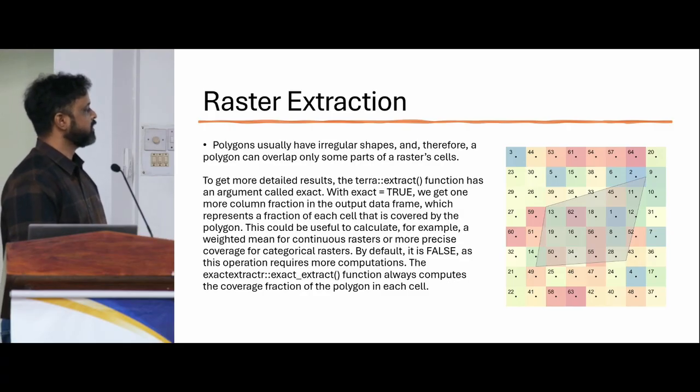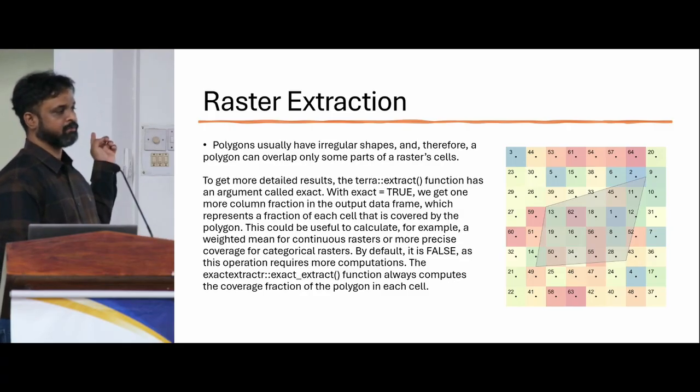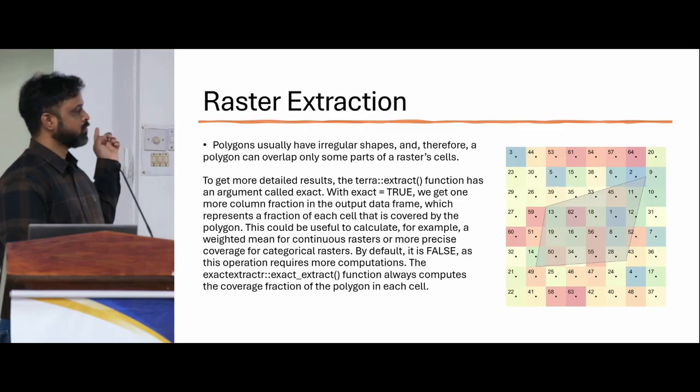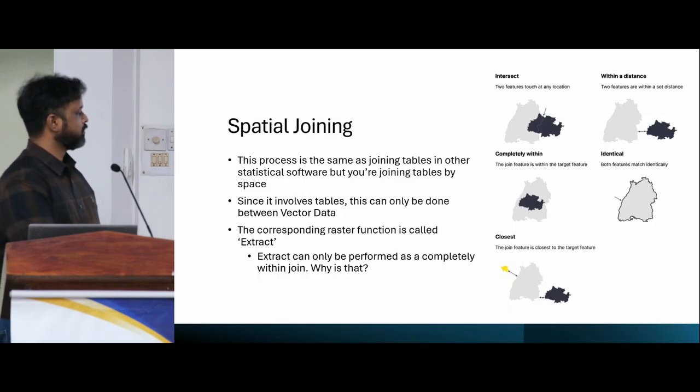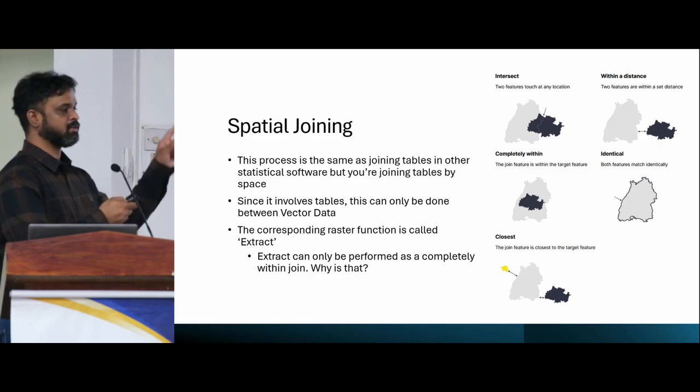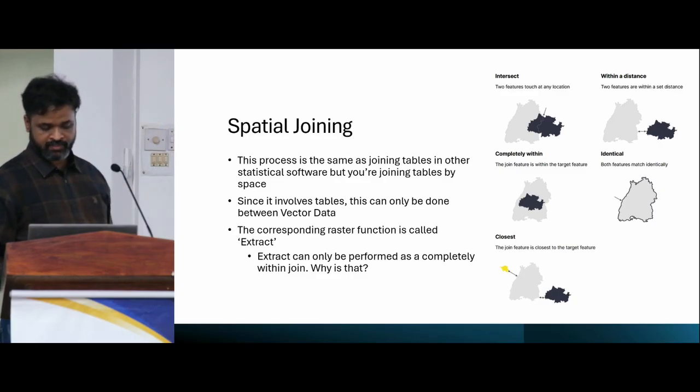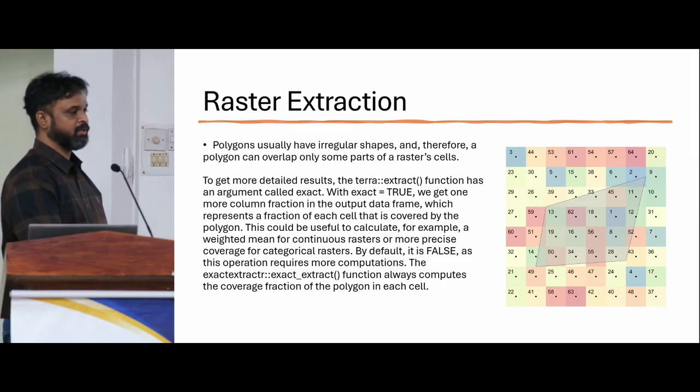So if I had points and I wanted to find them on top of a raster, if the point is here, then I would do this, right? Nearest neighbor. It will just find out which pixel is closest to that point and then join. And then you get the information for that.